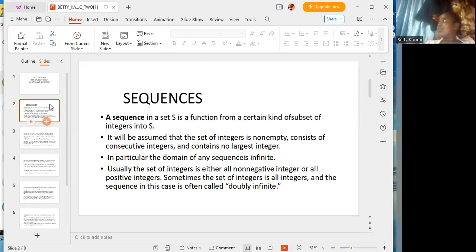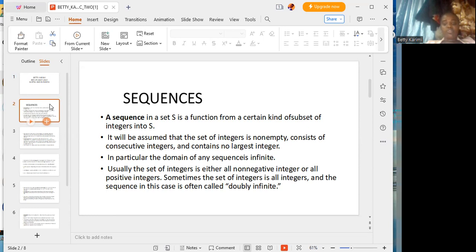Today we learn more on sequences. A sequence in a set S is a function from a certain kind of subset of integers into S. It will be assumed that the set of integers is non-empty or consists of consecutive integers and contains no largest integer, so the domain of any sequence is infinite.